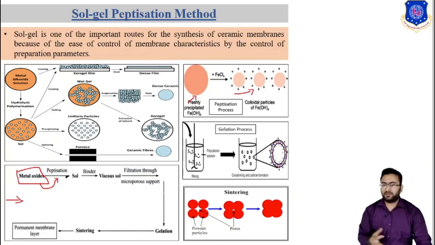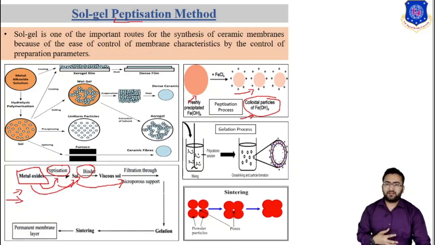So we convert this metal oxide into colloidal particles. Then these colloidal particles make a sol using the binder, and this is passed through the membrane. In the first step, the metal oxide is the raw material, and it is converted into colloidal particles using peptization. Converting particles into colloidal particles is known as peptization.